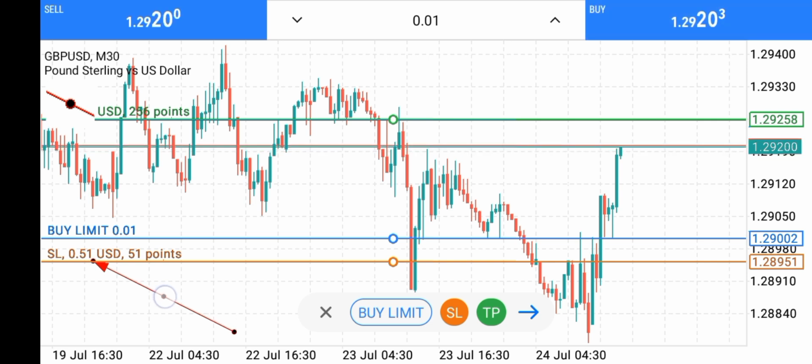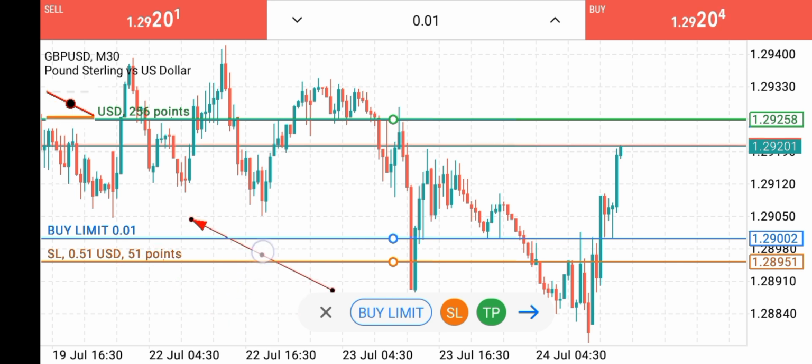Remember what I said about forex trading. Forex trading is all about risk and reward. So for example, you entered a buy right here, your risk right here is 0.51. That is to say, if this trade does not go in your direction, you will end up losing $0.51 USD, as you can see here, US dollar.